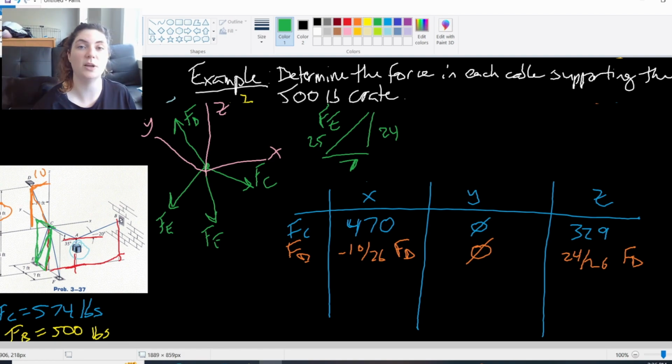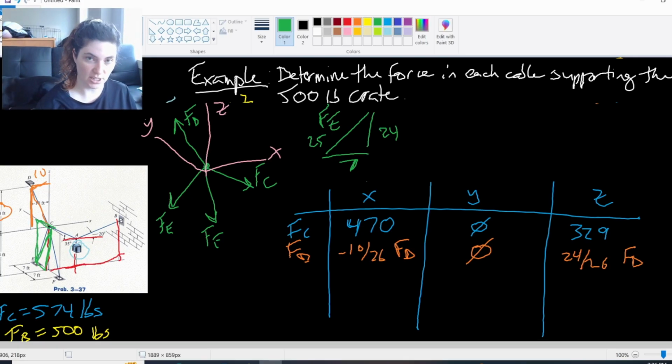So I have another special ratio relationship triangle, 7, 24, 25, to set up the ratios for FE as well as FF, right? Because they're exactly symmetrical. They have the same dimensions. Just one goes in the positive y direction and one goes in the negative y direction.